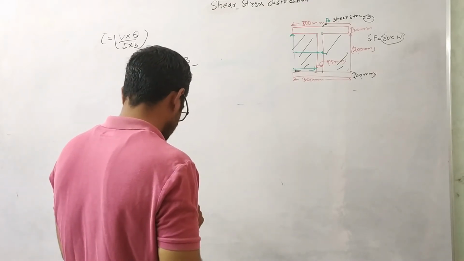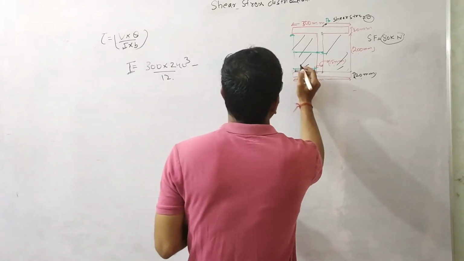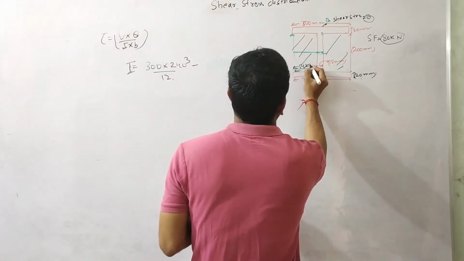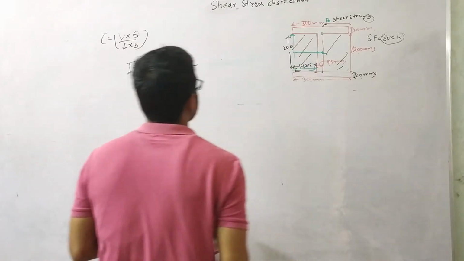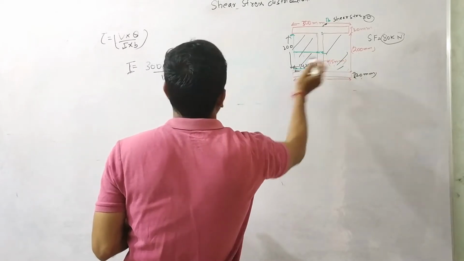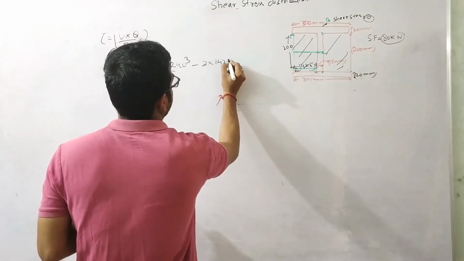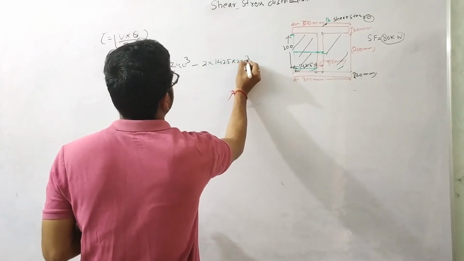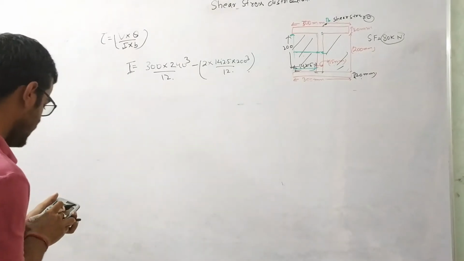300 minus 15, so this length is 142.5 and this depth is 200. We have two such cross sections, so I multiply by 2 into 142.5 into 200 cube over 12. This is the formula for calculating the moment of inertia.